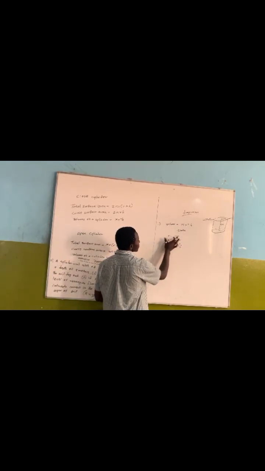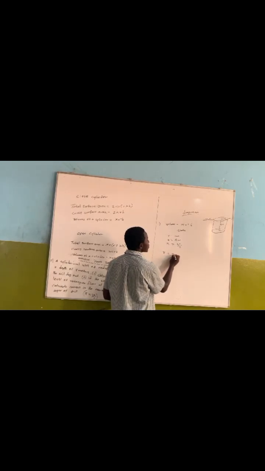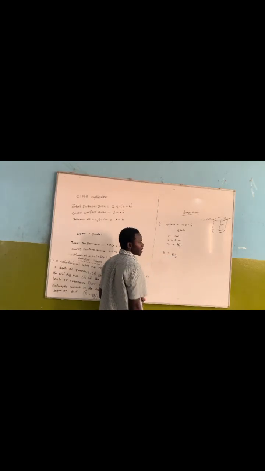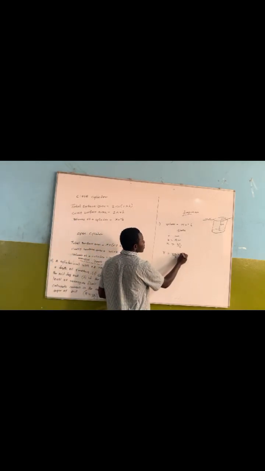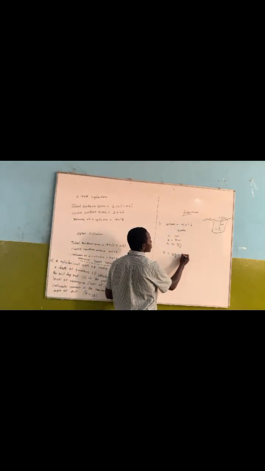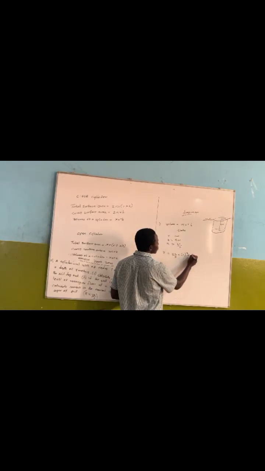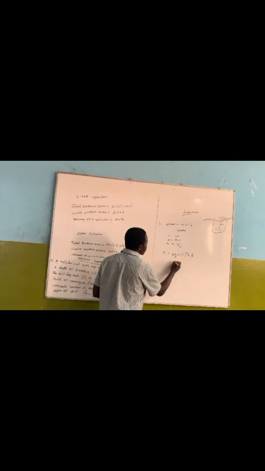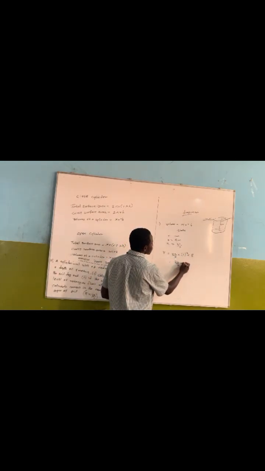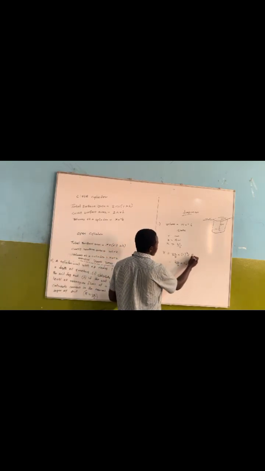So in that case, if I put the values in, the volume now will be 22 all over 7 times the radius. But here the radius is squared, so that will be 1 squared times the height, which is 8. So that will give us 22 all divided by 7 times 1 square, which is just 1, times 8.